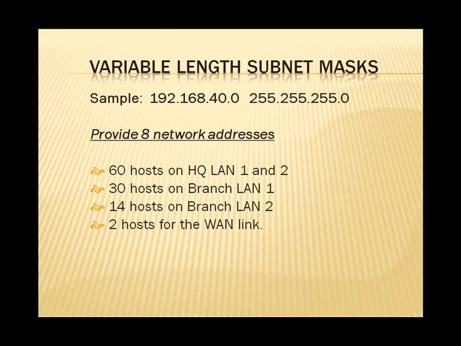In this example, we'll need 8 network addresses with 60 hosts on the HQ LAN 1 and 2, 30 hosts on the branch LAN 1, 14 hosts on the branch LAN 2, and provide 2 hosts for the link between the 2 routers.